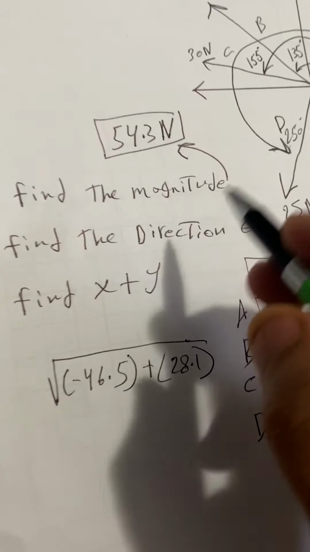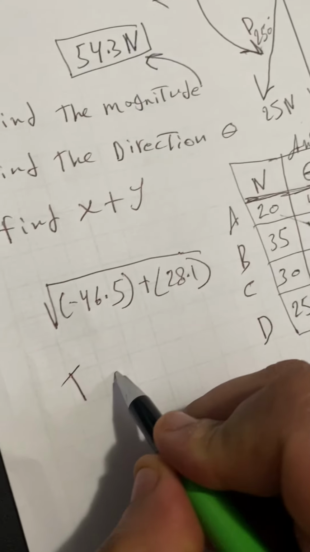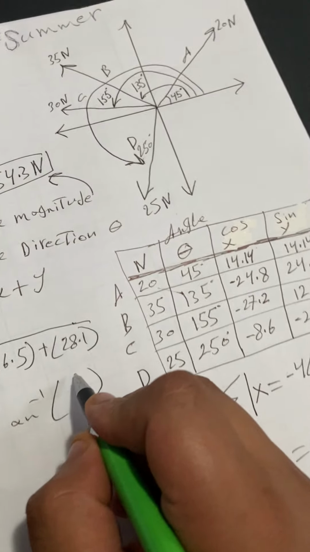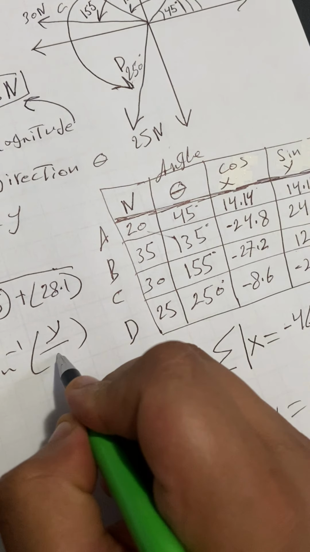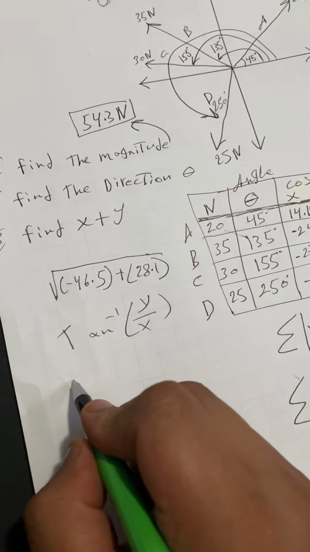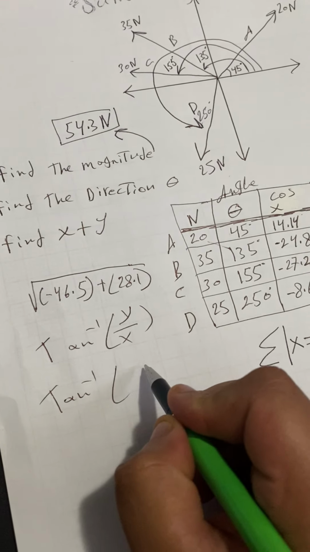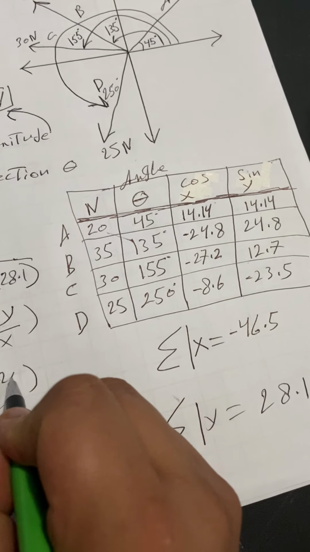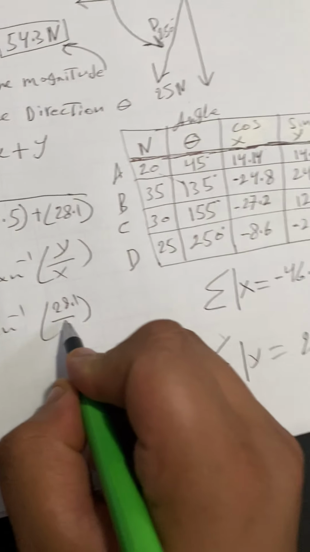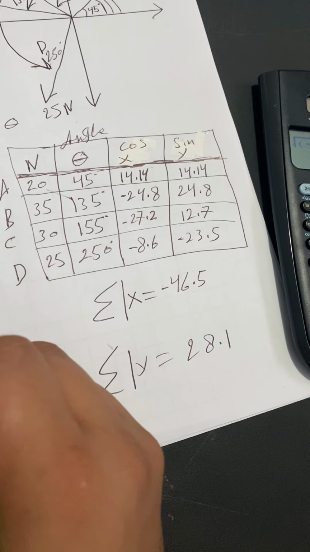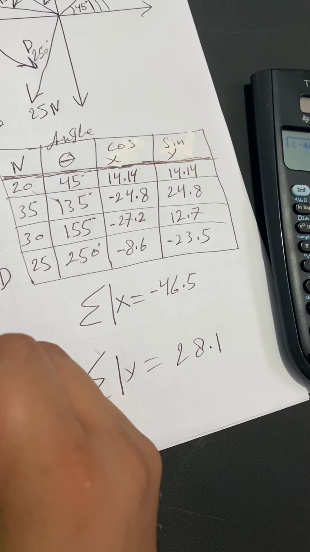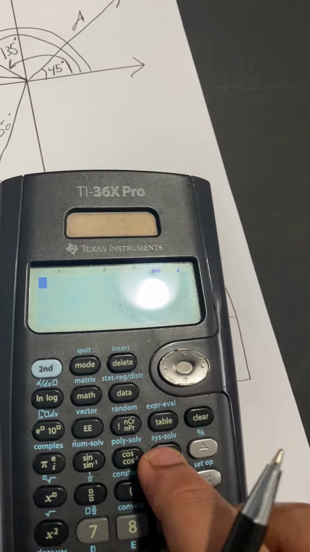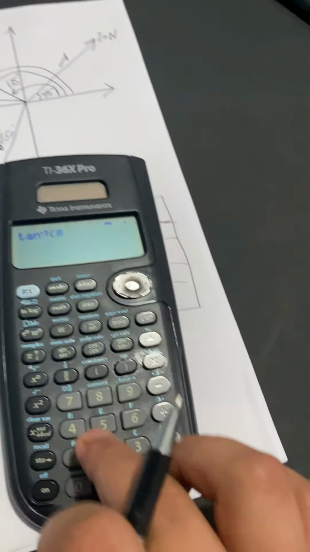This is for this one. And the direction, we have to put the tangent inverse, y over x. So we have tangent inverse. So for the y is 28.1 divided by what, how much in there? Negative 46.5. This is for the direction. We have in the calculator, it's tangent inverse.